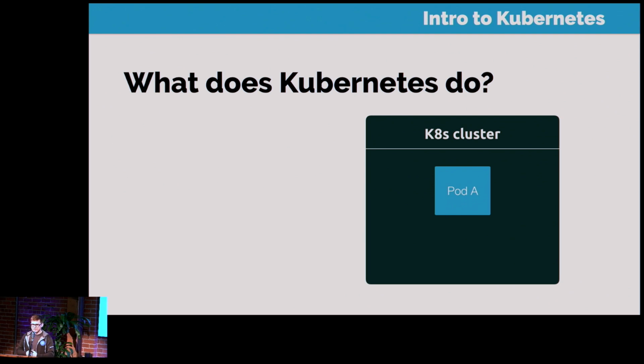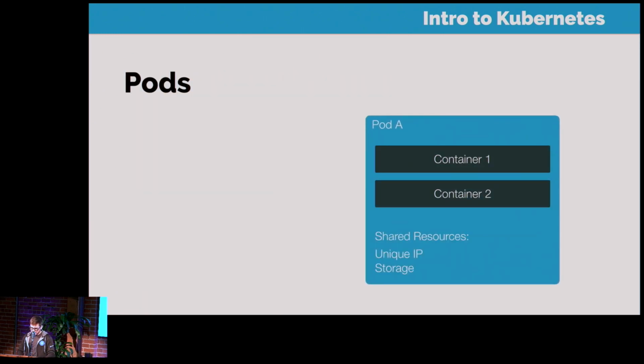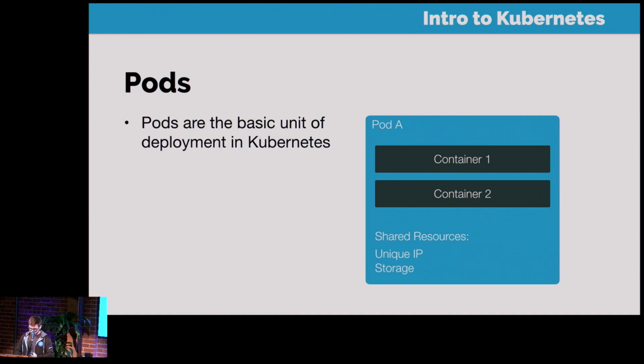So I said that Kubernetes brings up a container. Actually, it brings up the application container inside of a wrapper, which is called a pod. Pods are the basic unit of deployment in Kubernetes. It's just a wrapper around one or more containers.